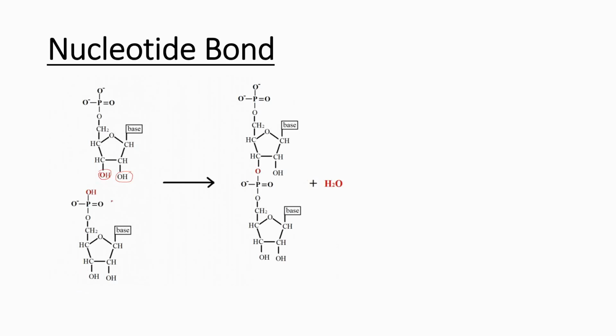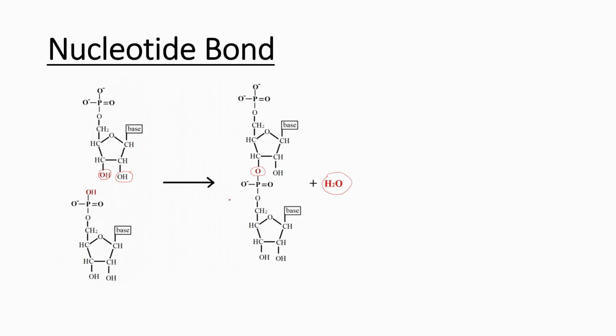Now you can see that the OH on the 3' of this ribose and the OH in the phosphate, if we look at those, we need to lose water from them in order to make this bond. And indeed, we lose water in this condensation reaction, and we only retain one of those atoms, the oxygen.